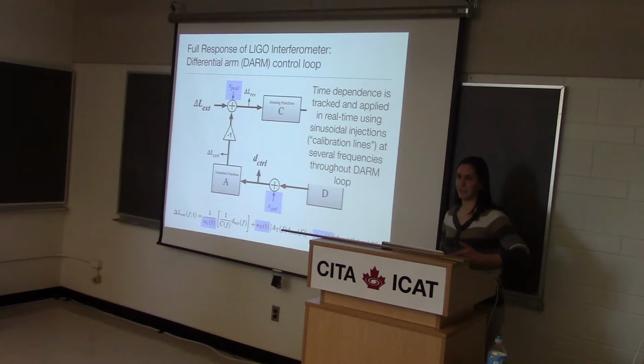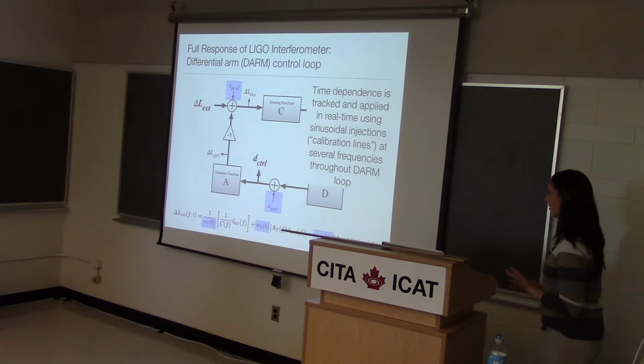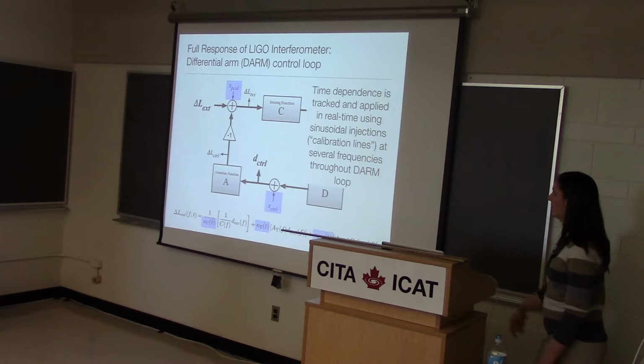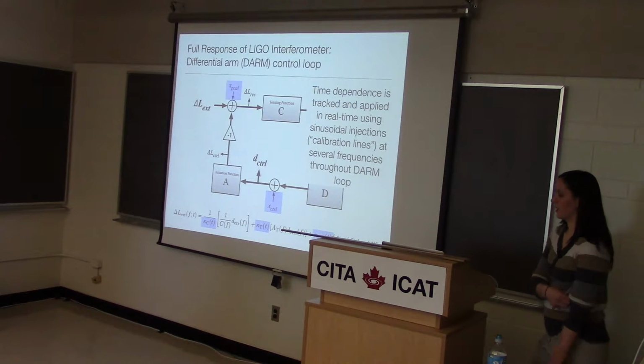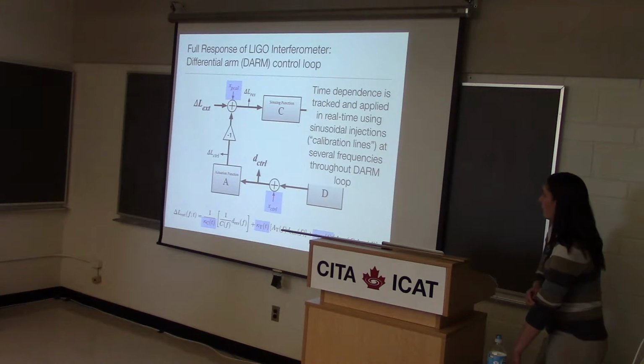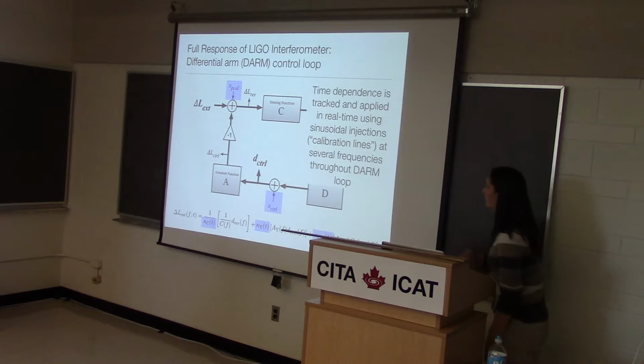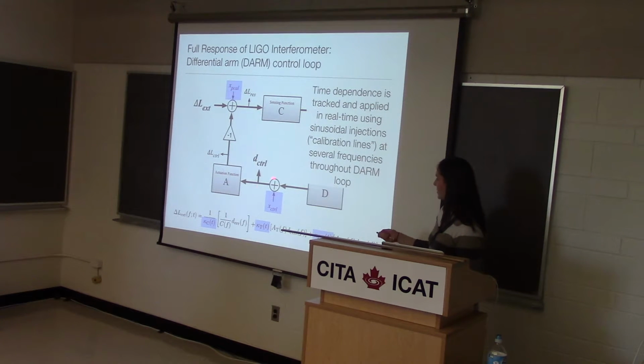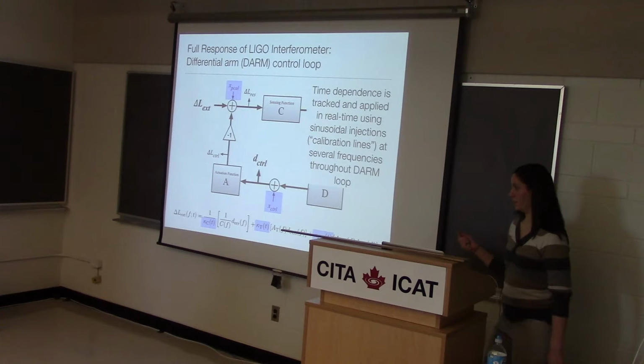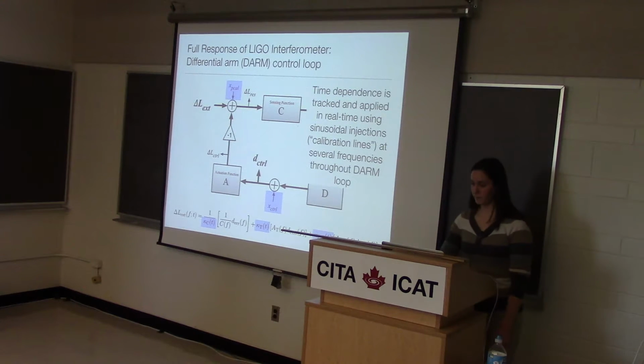And that's the vagueness level I was going to go into about that because it's a whole paper by itself. But if you're interested in seeing more on that, I'll pull up the reference. Right, so by monitoring both, this is excitations that we do with the DARM actuators, and then this is an excitation with something called our photon calibrator that I'll talk a little bit more about in a moment.